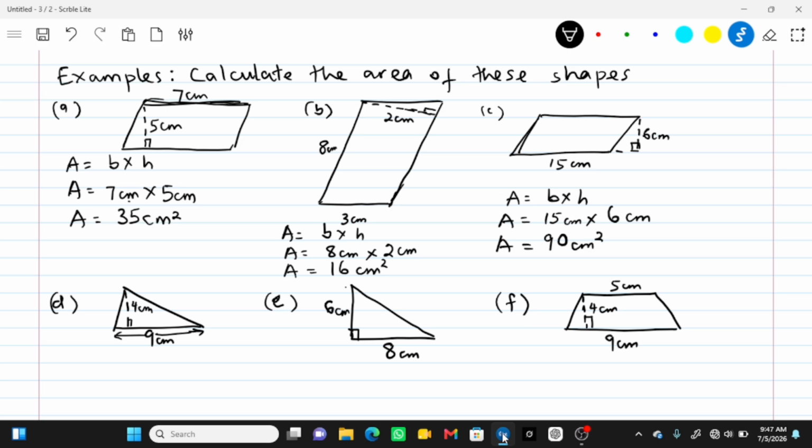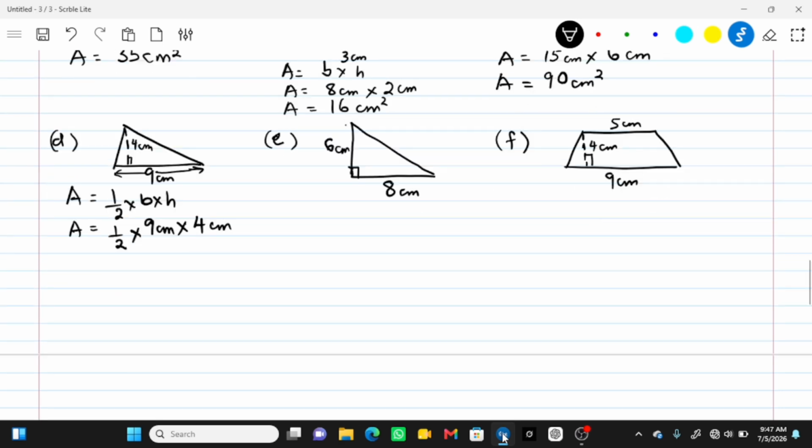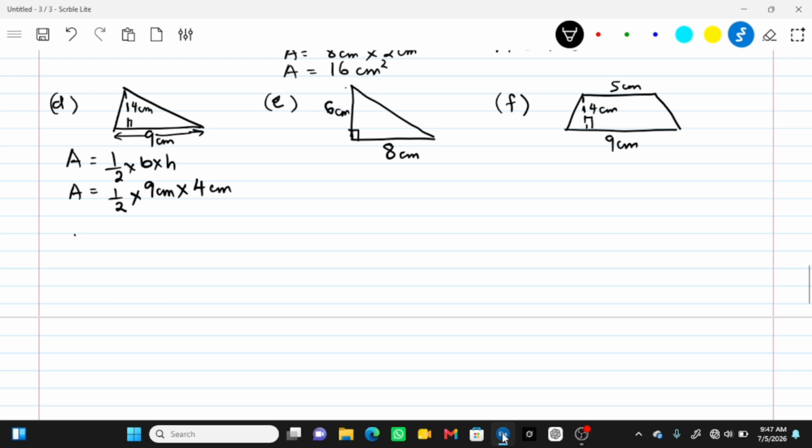Now this is a triangle. Remember we said a triangle is half of a parallelogram, so the area will be half times base times height, and this is the base, 9, and this is the perpendicular height. So the area is equal to half times 9 centimeters multiplied by 4 centimeters. The 2 will divide into 4, that means you have 9 times 2 centimeters squared.